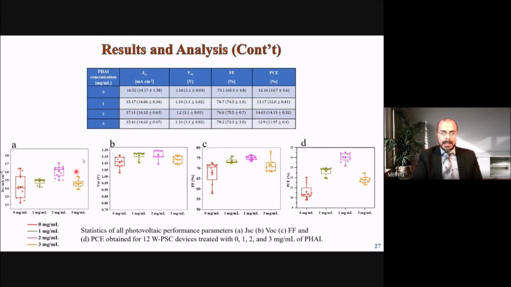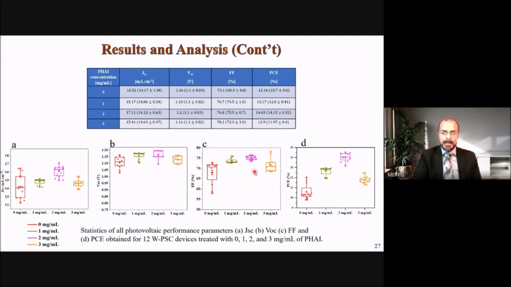From these diagrams, A is showing the current density. From the 4 groups, we see that the group with 2 milligrams per milliliter has the highest mean or average compared to the other 3 groups. Again, for the open circuit voltage, this group has a mean above the other 3 groups.